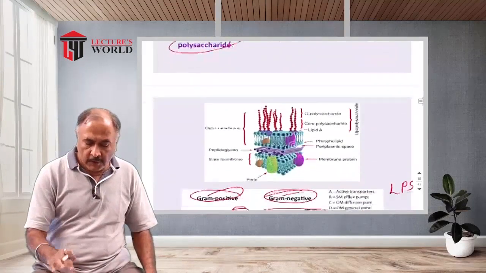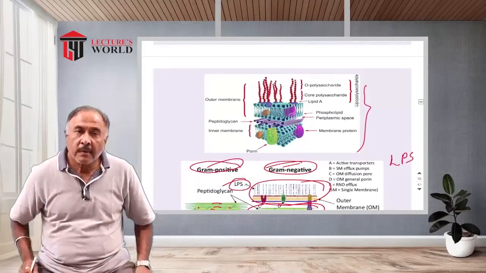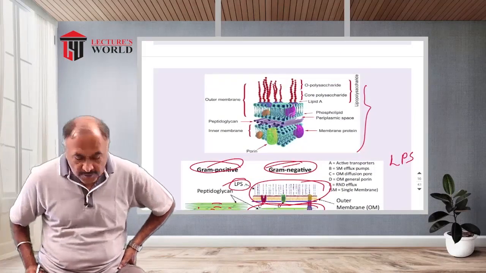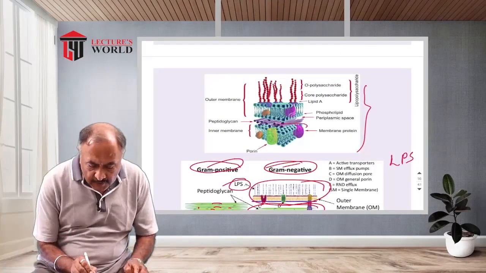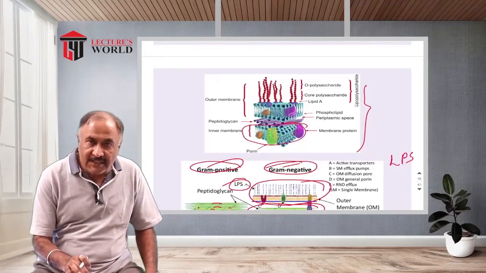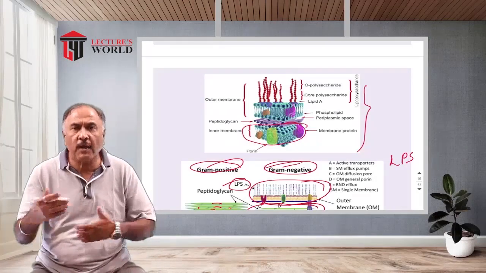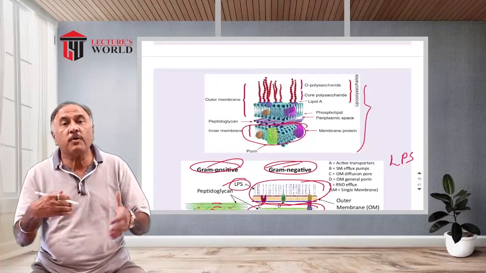So this is the entire structure of what we call the gram-negative cell wall. Remember, this is the inner membrane. But why has it been represented here? Because this structure is very similar to the outer membrane, and that is why the outer cell wall is known as the outer membrane.